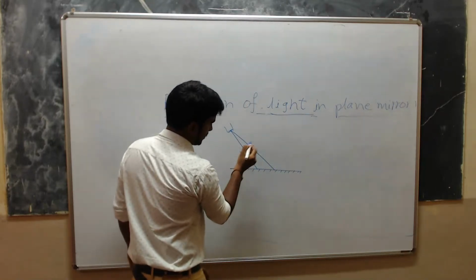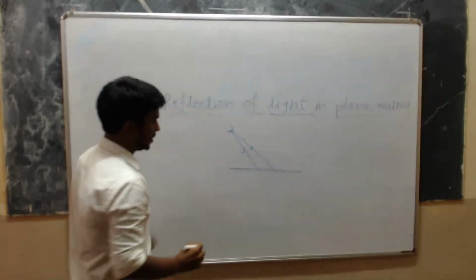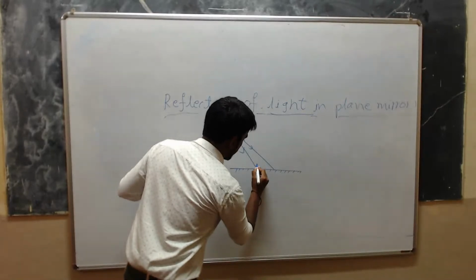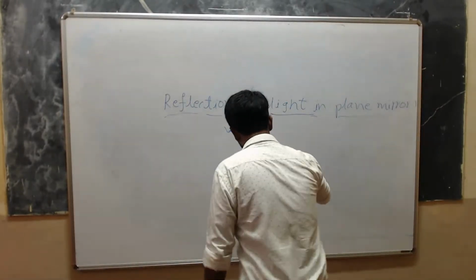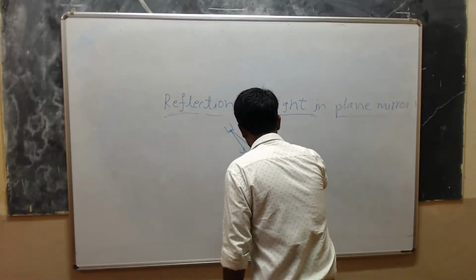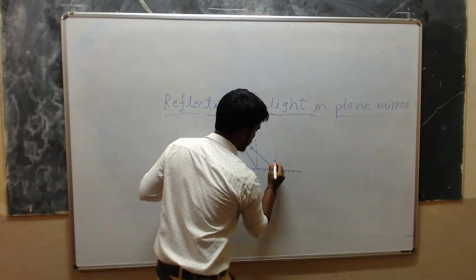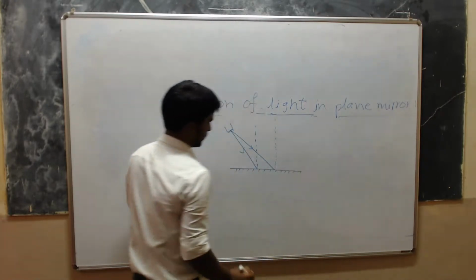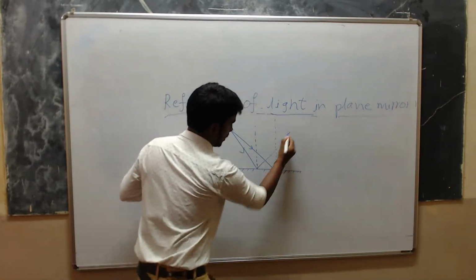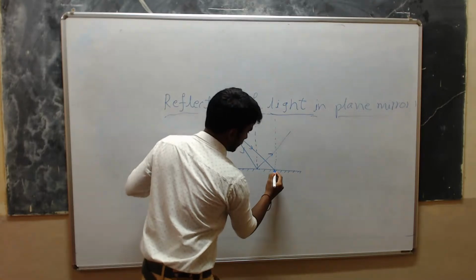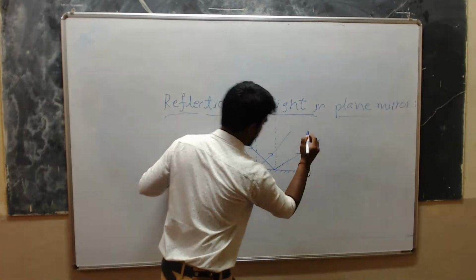At the point of incidence we should draw the normal, and the normal is perpendicular to the reflecting surface. So now this is the reflected ray, and this is also a reflected ray.